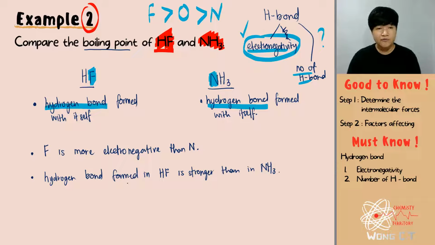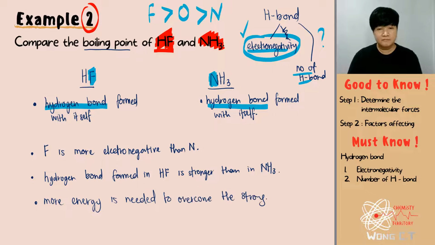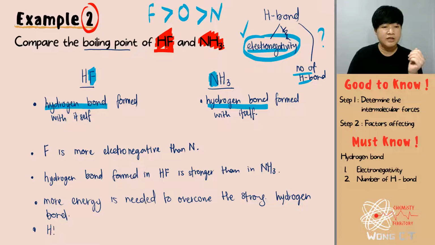When the hydrogen bond formed in HF is stronger than the one in your ammonia, simple, we then follow up with the sentence: more energy is needed to overcome the strong hydrogen bond. And when more energy is needed to overcome the strong hydrogen bond in HF, then automatically HF has higher boiling point than ammonia.